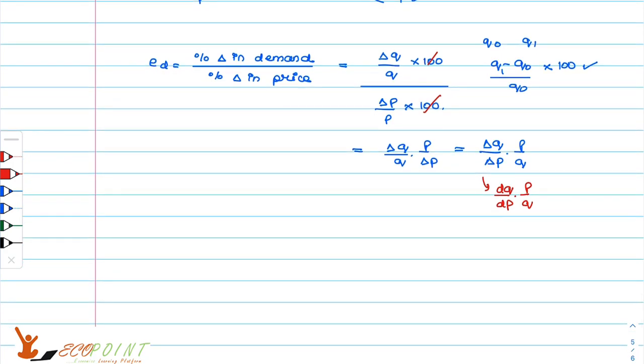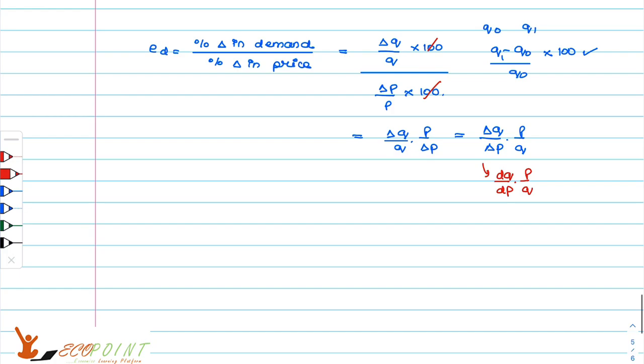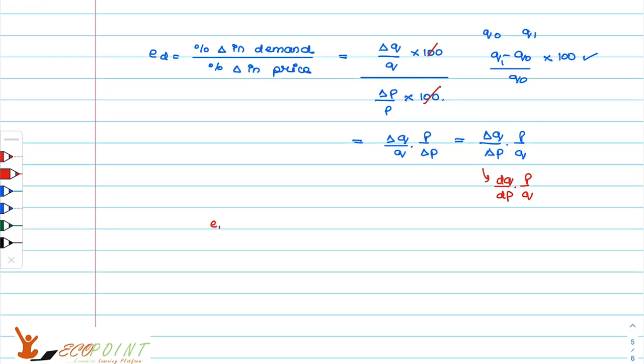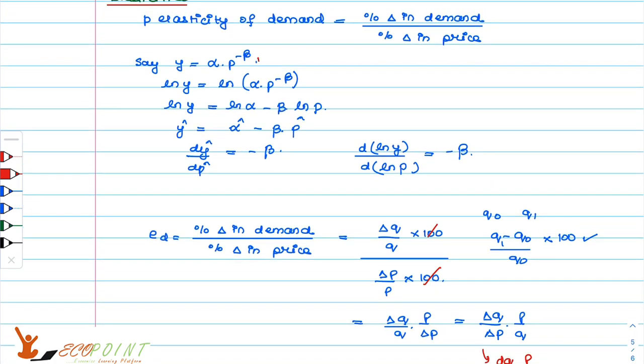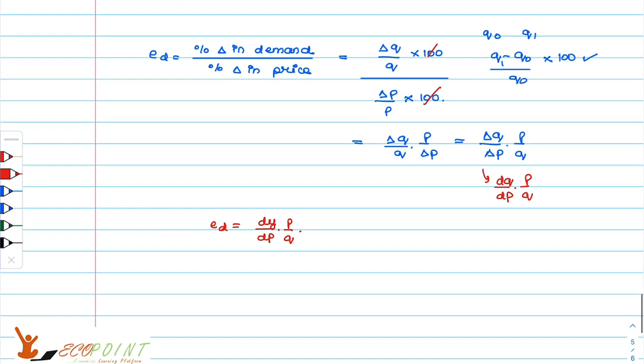So the elasticity of demand is dy by dP into P by Q. We have written it like this. Now, for this function only, let me find the elasticity.